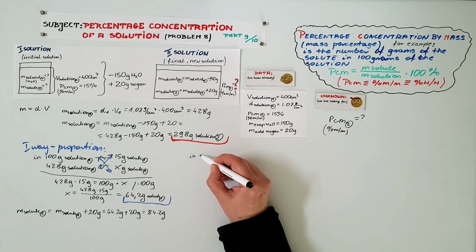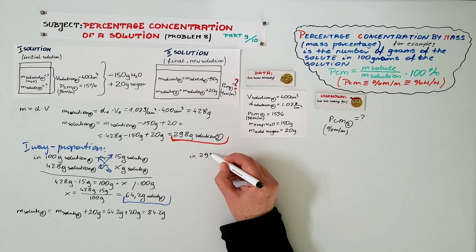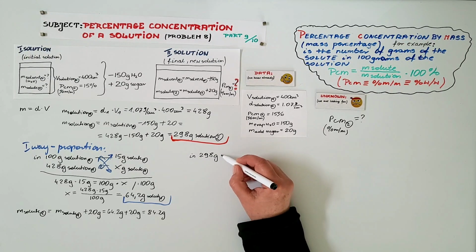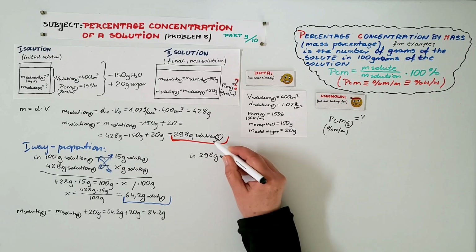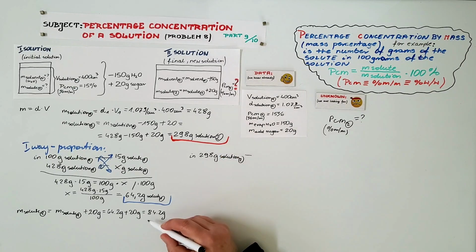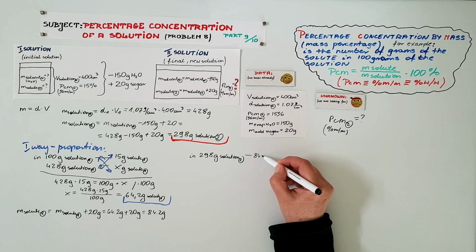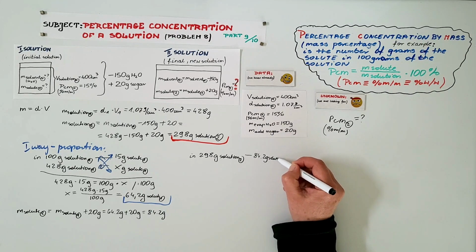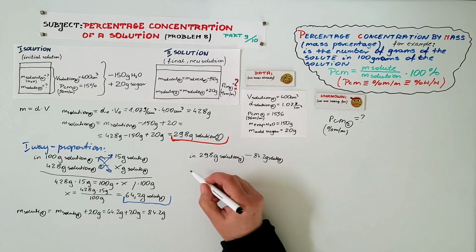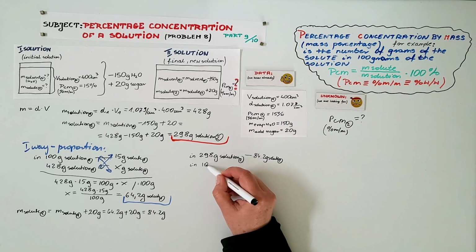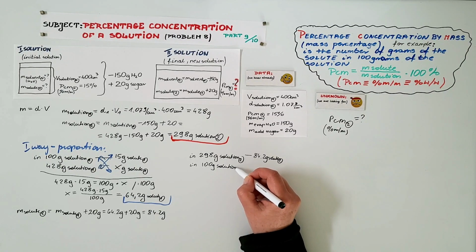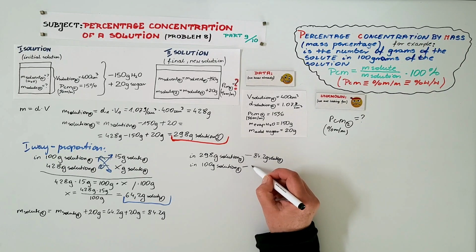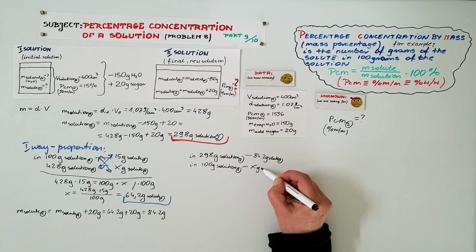So we know that in 298 grams of solution 2, there is 84.2 grams of solute 2. So in 100 grams of solution 2, there is X grams of solute 2.